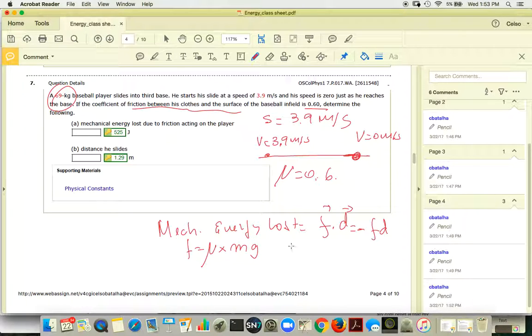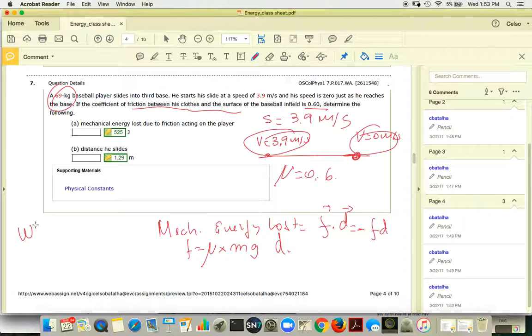We don't have d, but we can calculate d using Bernoulli and the conditions for the velocity, right? No, you cannot do that because you don't have distance. No, forget about Bernoulli. What you can do is use the work-kinetic energy theorem.